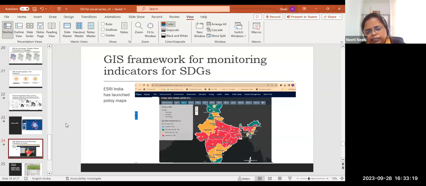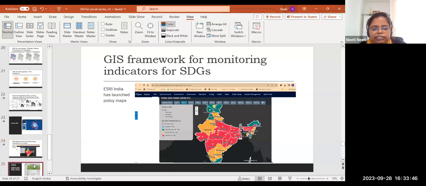ESRI has mapped all the different SDGs, considering all the indicators required for individual SDGs. And then they have done the monitoring, again a GIS sandwich, and came up with state level information. When we talk about all these SDGs and the social sector, we cannot really separate environment and social sector.